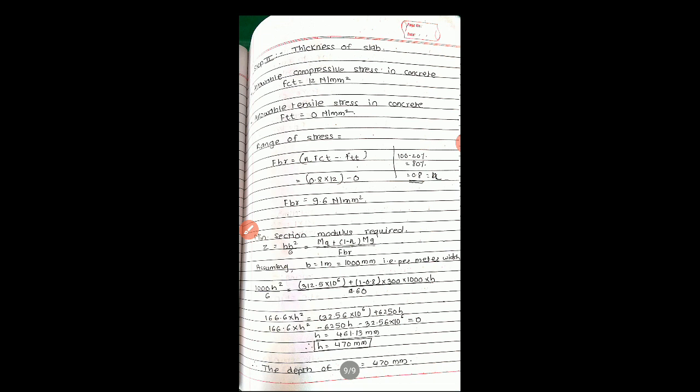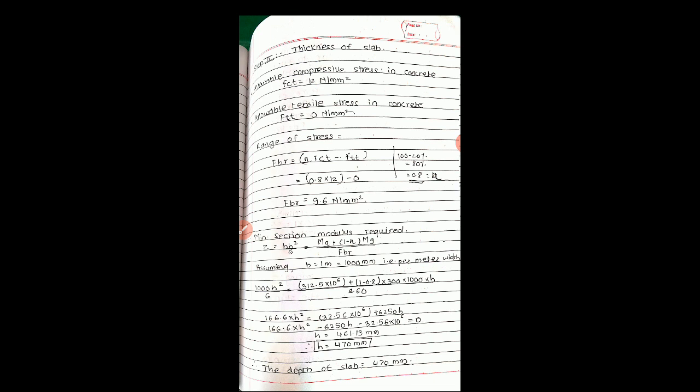Then step 2 is thickness of slab. Now we have to do this range of stress calculation, and then we'll go to the step for calculation of thickness or depth of slab. Allowable compressive stress in concrete FCT is given as 12 Newton per mm square, and allowable tensile stress in concrete is 0.